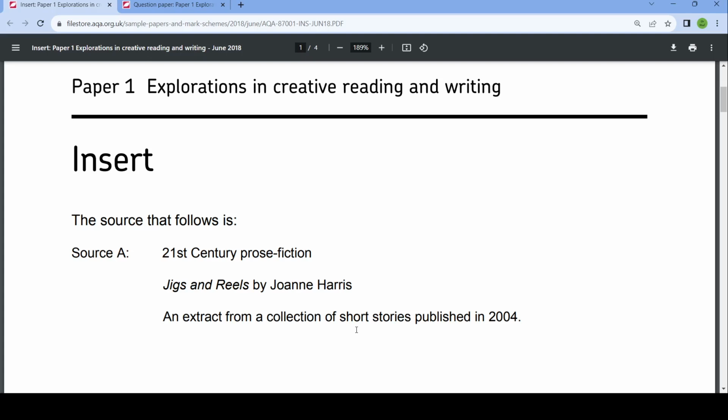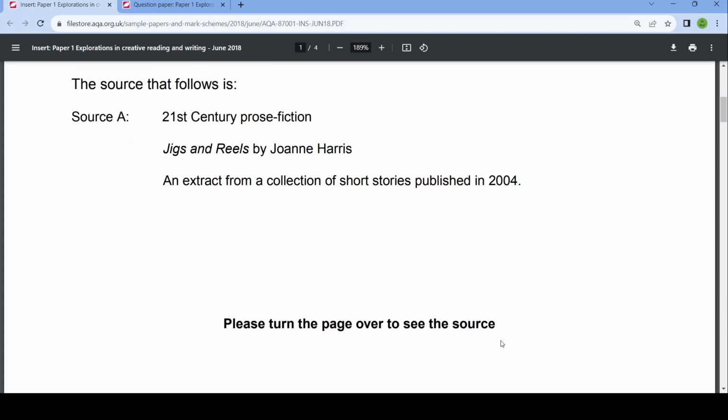Maybe slightly different to how it might be for a novel, and it's fairly modern fiction. So that also gives you a little bit of context to think about. Remember, you don't actually have to write about context in the language exam, okay? That's only for the literature exam.